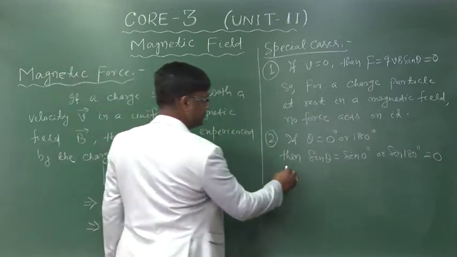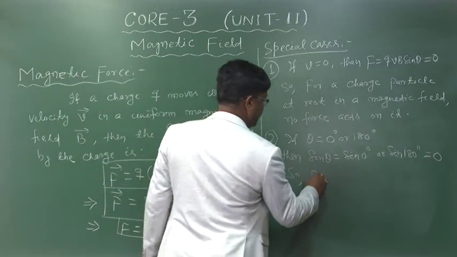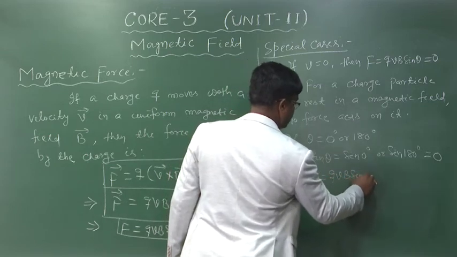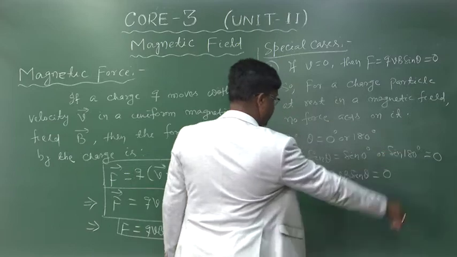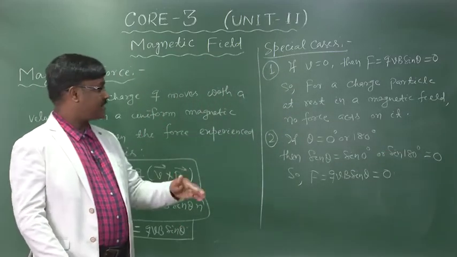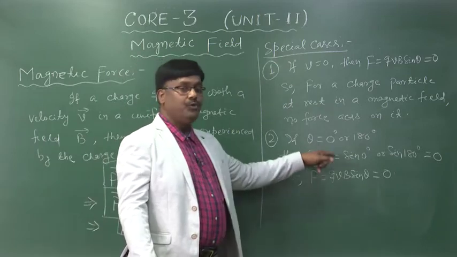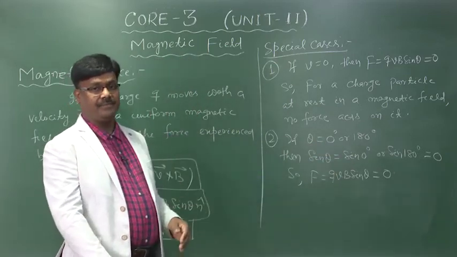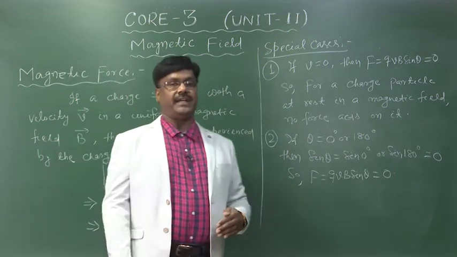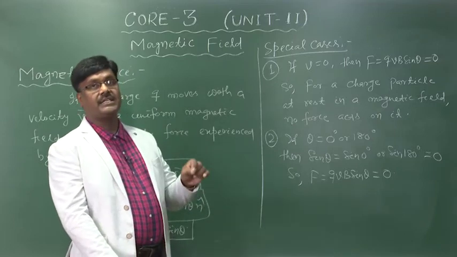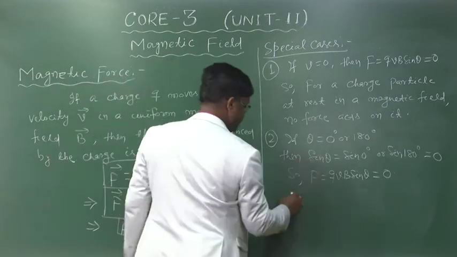So, F equal to QVB sin theta equal to 0. That means no force acts on a charged particle moving parallel to the magnetic field. That means if a charged particle moves parallel to the field, then no force acts on it.